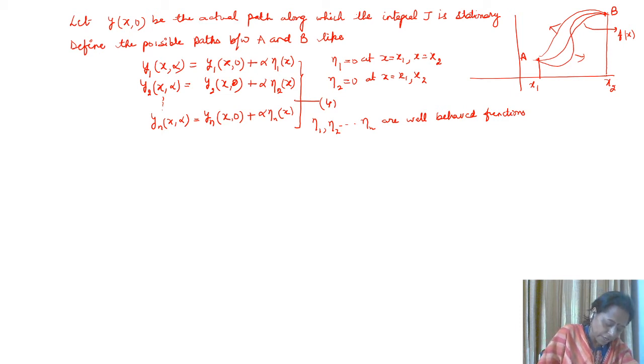Now naturally your J corresponding to these paths will be a function of alpha.